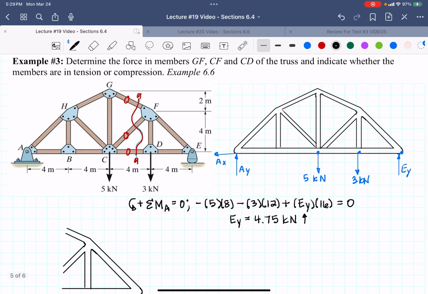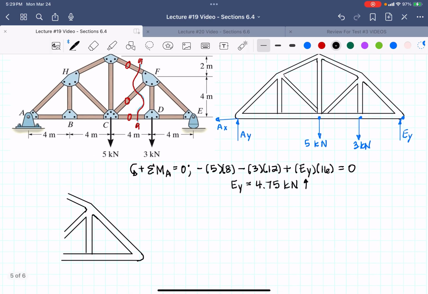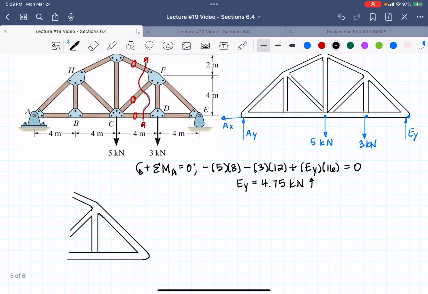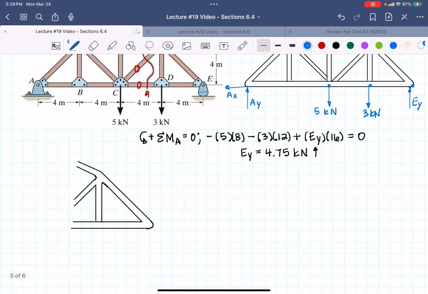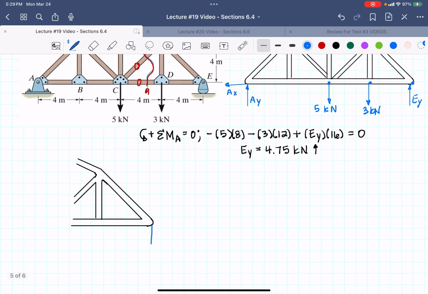So I'm going to draw the right side. You can see down here I've already drawn what it looks like on the right side when I cut it off. So we just need to add our forces. The forces that we have: a vertical component at E, which is 4.75 kilonewtons.